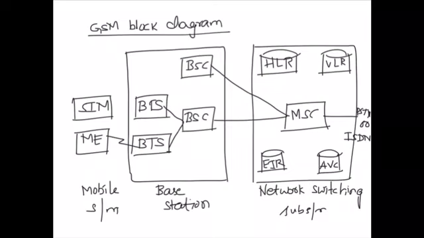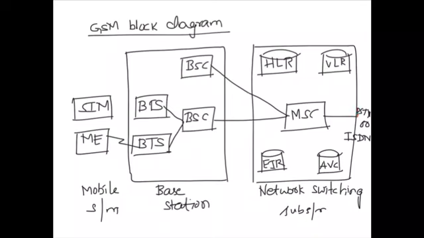Next, in the network switching subsystem, VLR corresponds to visitor location register, HLR corresponds to home location register, and MSC corresponds to mobile service switching center, EIR corresponds to equipment identity register, AUC corresponds to authentication center, ISDN corresponds to integrated services digital network, PSTN corresponds to public switched telephone network.